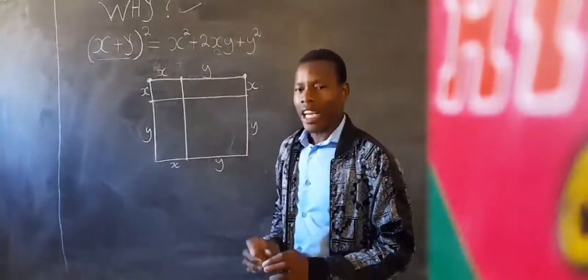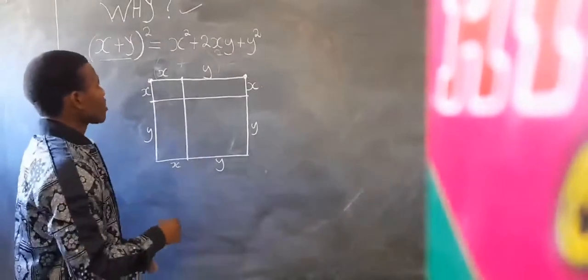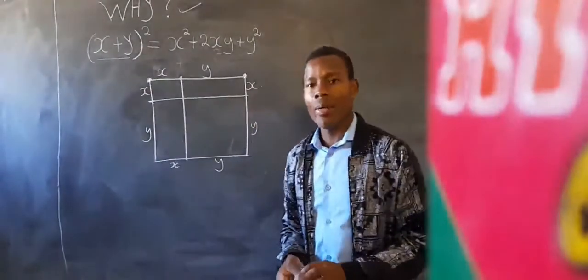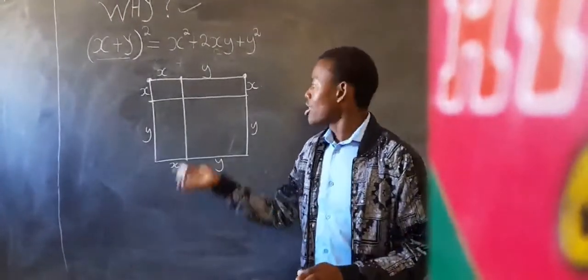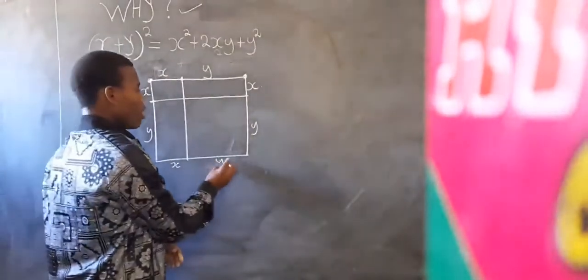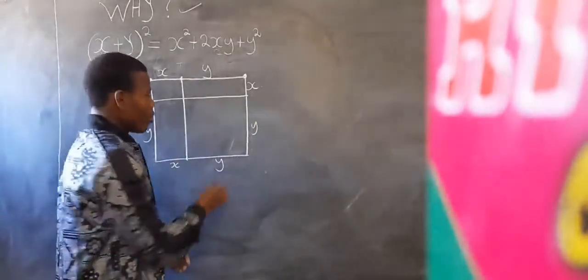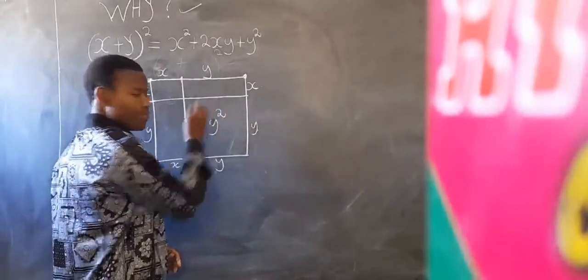When we are saying squared, there are two dimensions that are equal to each other, that are multiplying themselves. Let's try to find the area of each of these slots. For example, the area of this shape is y times y, which gives y squared.